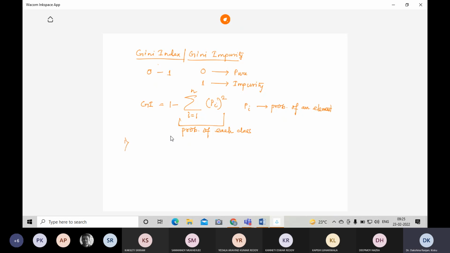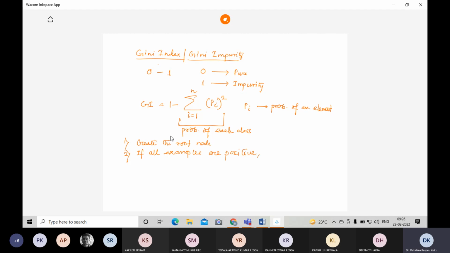The first step that we need to, let me write the steps. Create the root node. So first we create the root node. This is the first step. And in the second step, we will check if all examples are found positive or not.